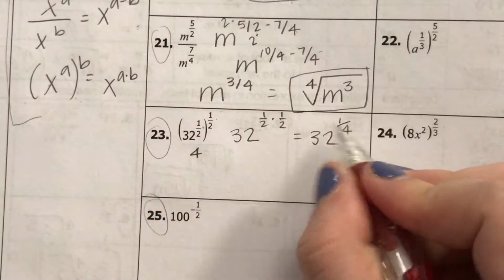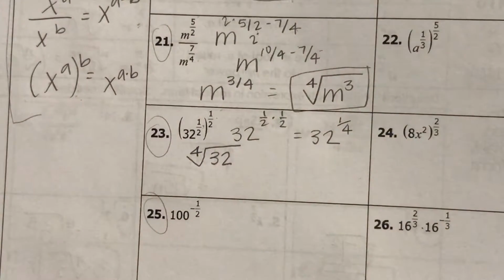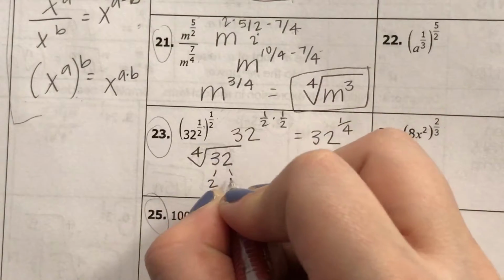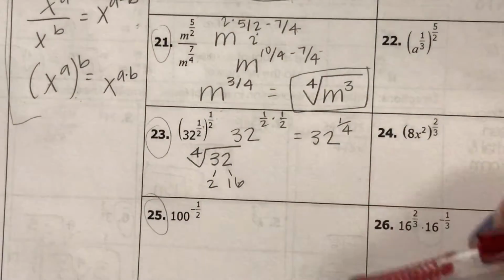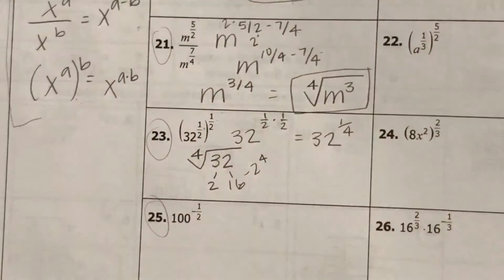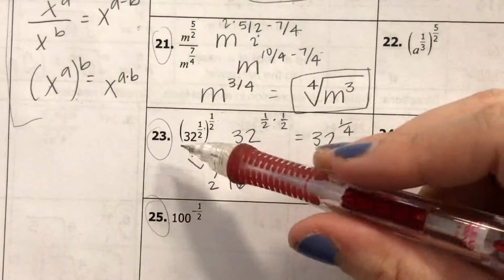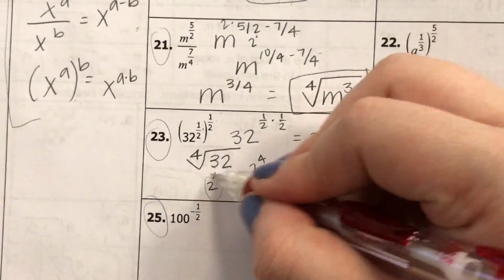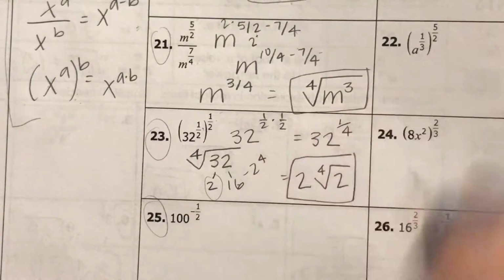It's asking me for the 4th root of 32. And I'm going to simplify that. 2 times 16. 16 is a perfect 4th. This is 2 to the 4th. So that means I can take out 1, 2 and put it out front with 1, 2 left over. And that's our final answer right there.